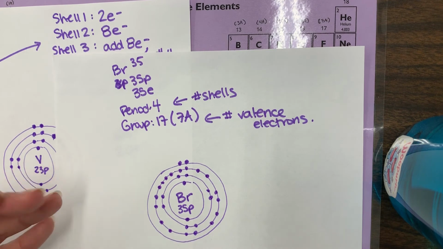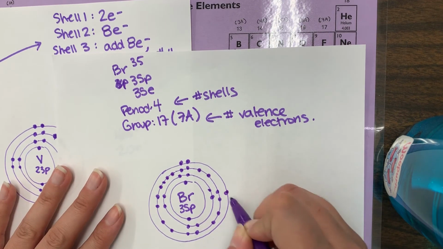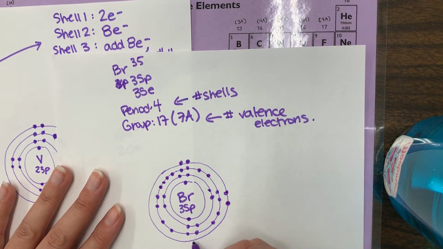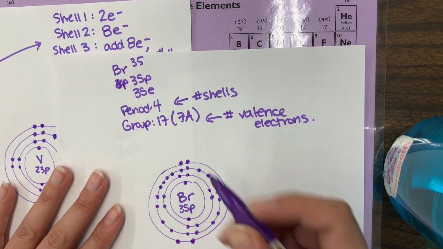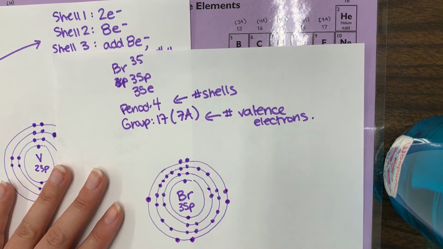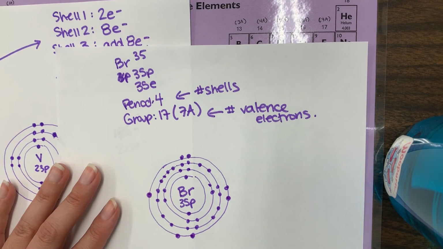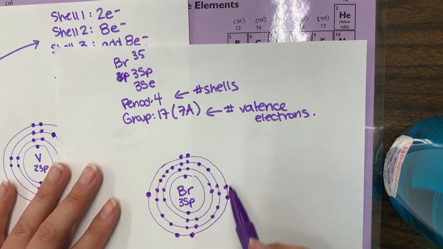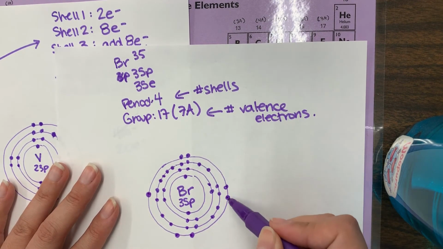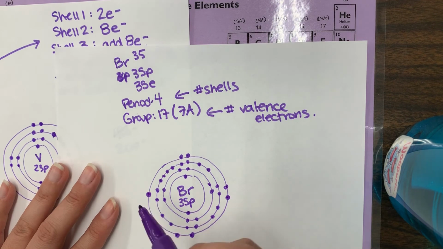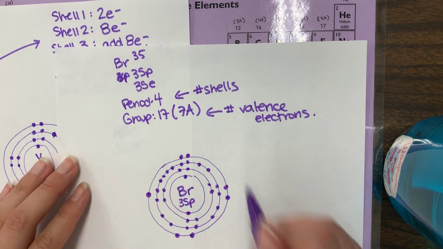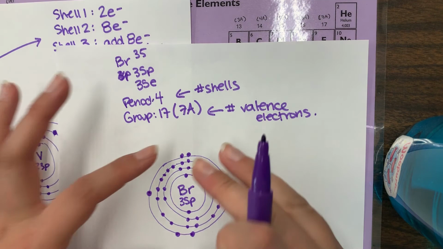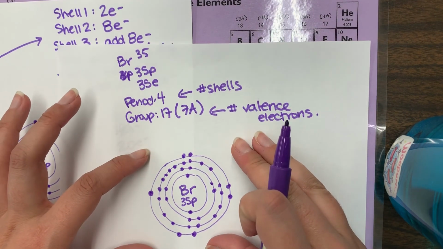So what am I going to do? I'm going to put the last 5, 31, 32, 33, 34, 35 in the outer shell. Now let's count the valence electrons. 1, 2, 3, 4, 5, 6, 7. Checks out. We have 7 valence electrons and a total of 35 in our atom.